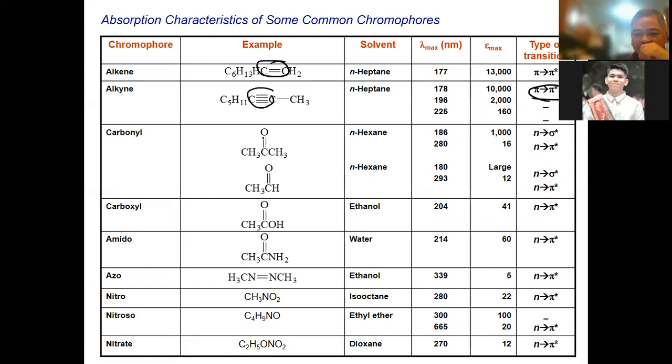Carbonyl, whenever you have a double bond, you expect a pi star here, at least in the system that we have here. Carbonyl with the solvent n-hexane, you could see the n to pi star in both of them, and n to sigma star.